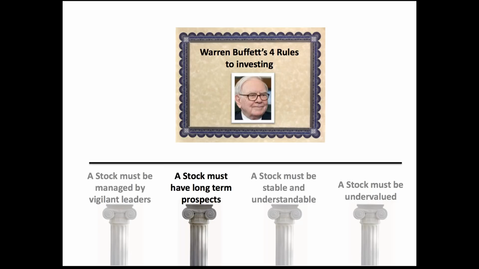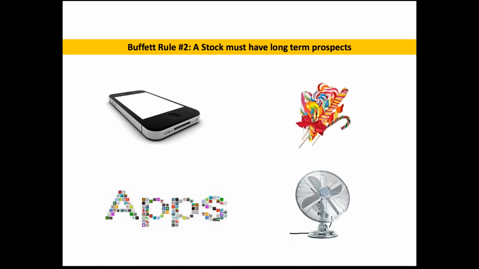So let's get started. Here we are at the second rule, a stock must have long-term prospects. As we look at these 4 different items up on the screen, let's go item by item and predict whether this is still going to be something that we see in 30 years from now. The year 30 years from now is going to be 2042.